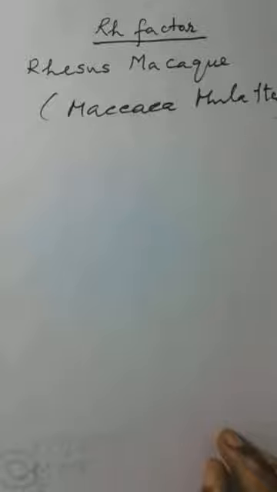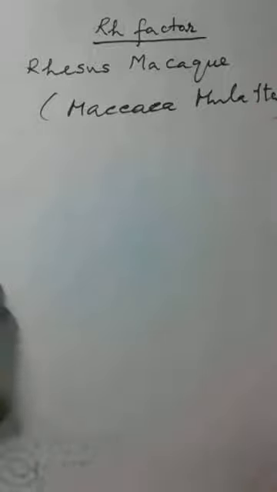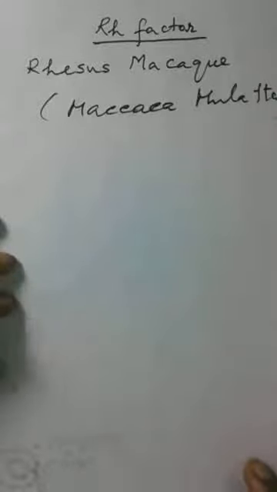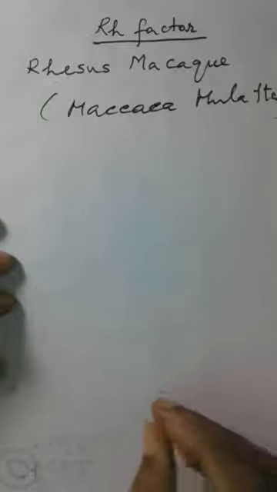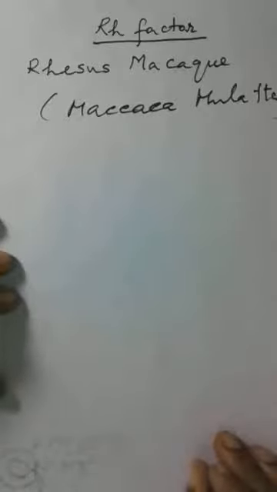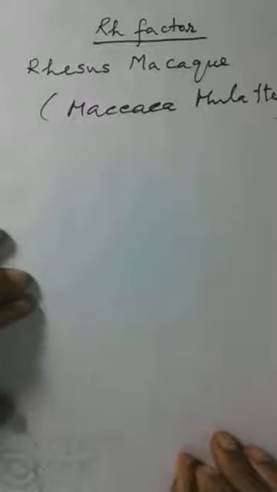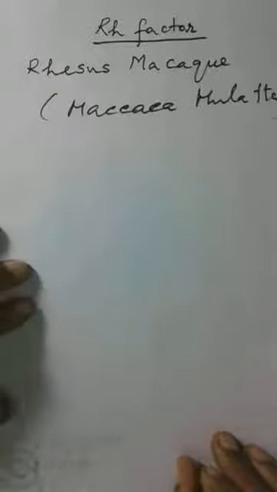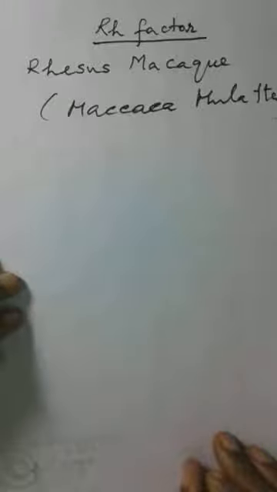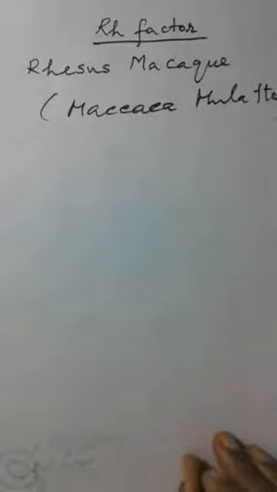They injected this monkey's blood into a guinea pig, then took the serum from the guinea pig and put it back to the monkey, and then the monkey's blood cells got agglutination, and the story goes like that. So finally they found that the Rhesus factor is a very important factor.